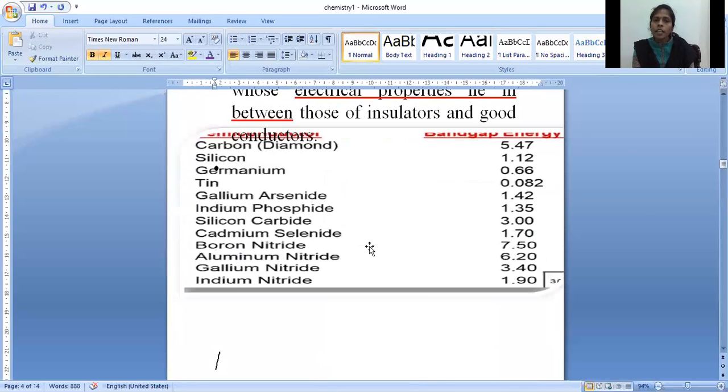Carbon also, but not graphite, only diamond; graphite is the best electrical conductor. Other examples: silicon, germanium, tin, gallium arsenide, indium phosphide, silicon carbide, cadmium selenide, boron nitride, aluminum nitride, gallium nitride, and indium nitride. All of these are the best examples of semiconductors.